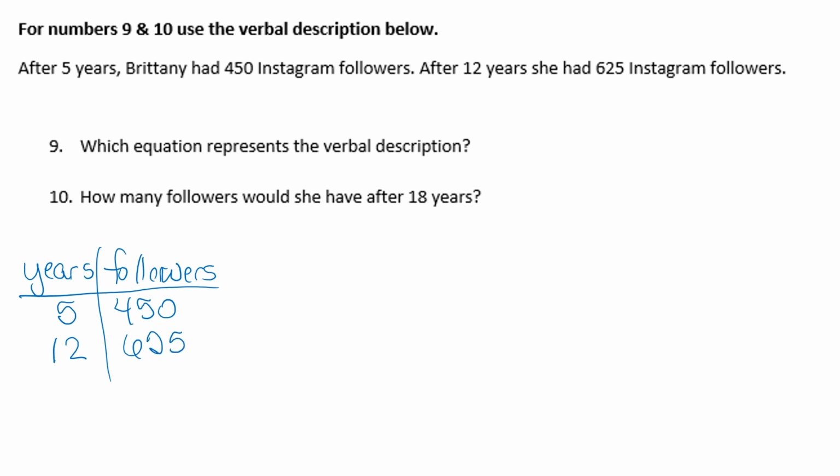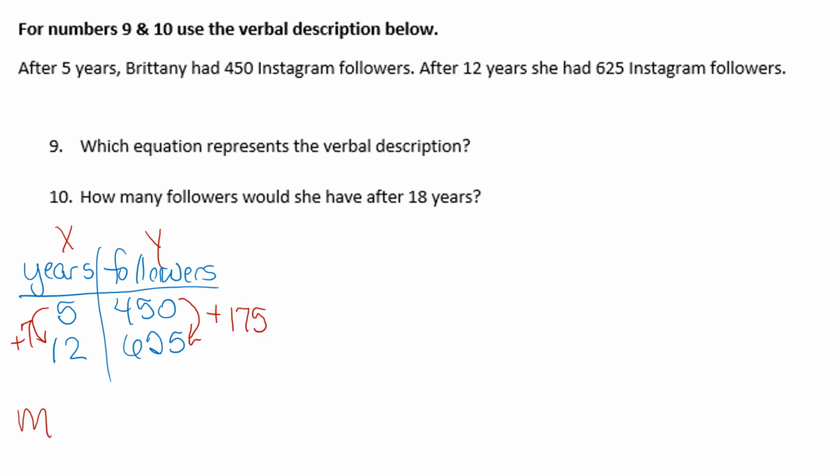So we're going to look at what is changing with the values of our x and our y. So on the x side for the years, it is increasing by 7, and on the follower side for y, it is increasing by 175.